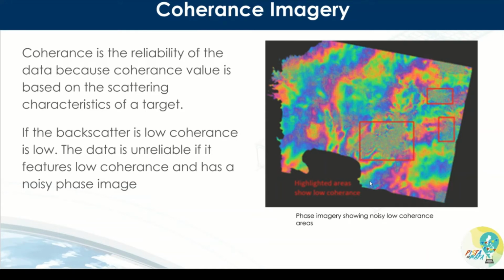So in this phase imagery, this is just a phase image of Taal. This is not the eruption, but you can see that there are certain areas where the image is a bit fuzzy, which is highlighted by the red boxes. So those are incoherent.